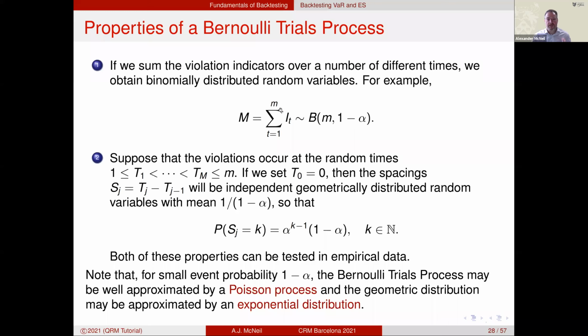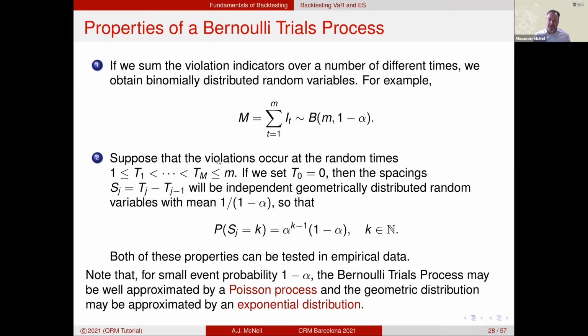So if we do this over m equals 250 days, we get a binomial distribution where m is 250 and where the probability of an exception is 1 minus alpha, for example, 1%. So that is the first testable property.